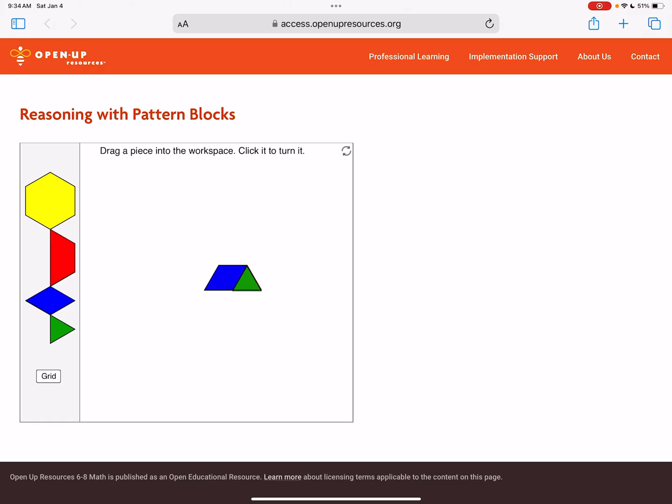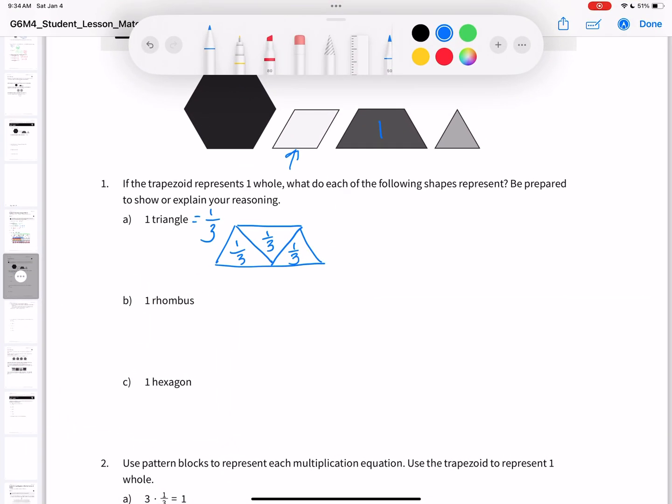Now, how many triangles fit within the rhombus? Well, you can see there are 2 that fit in the rhombus. So one rhombus is what part of a trapezoid? Well, it's 2/3 of a trapezoid. So here's our trapezoid. Here's our rhombus, right? So this covers 2/3 of the trapezoid, and we have 1/3 left over. So one rhombus is 2/3.